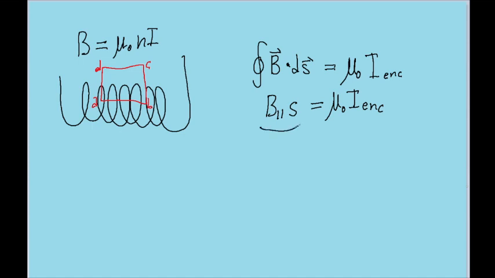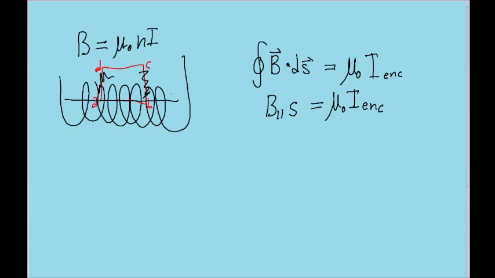Remember, this left-hand side of the Ampere's law equation refers to the components of the B field that are parallel with the loop itself. So let's see what this loop can tell us. Well, right off the bat, we can see that these two arms of the loop on the side can be ignored completely, since they're completely perpendicular to the B field.